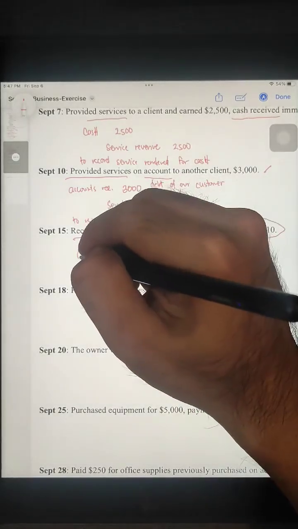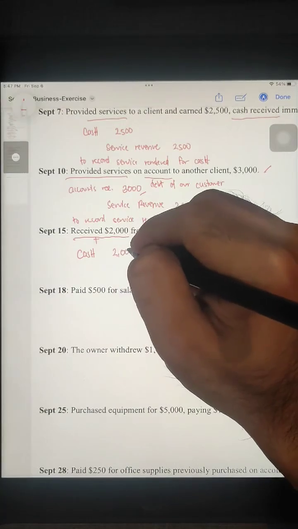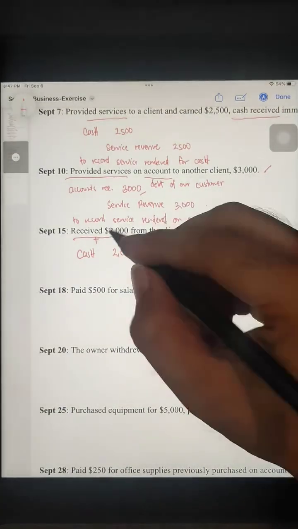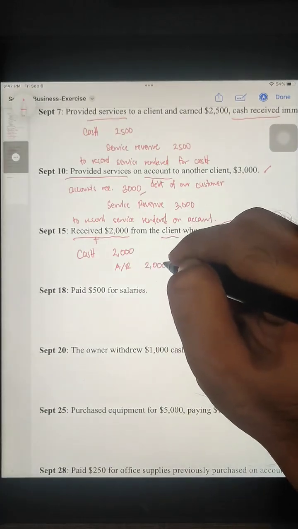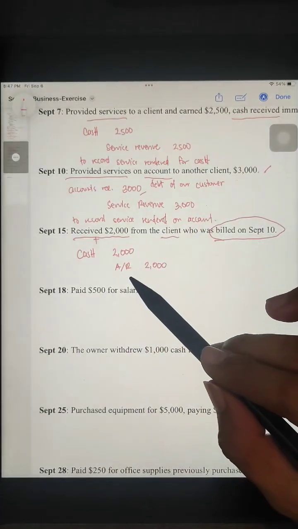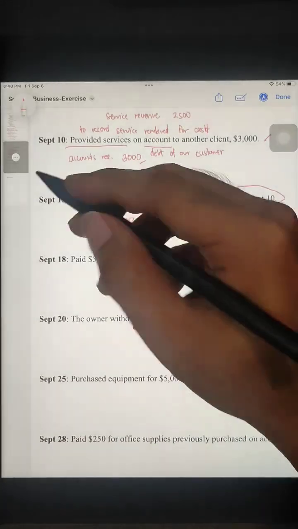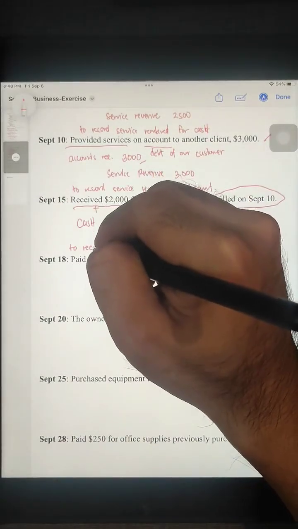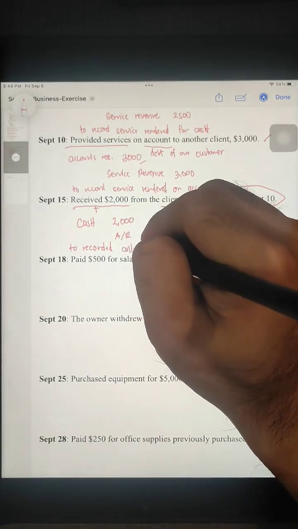So, debit cash $2,000 and then we have to credit accounts receivable $2,000. Accounts receivable is an asset and since babawasan natin siya, it demands a credit. Okay? To record collection of payment.